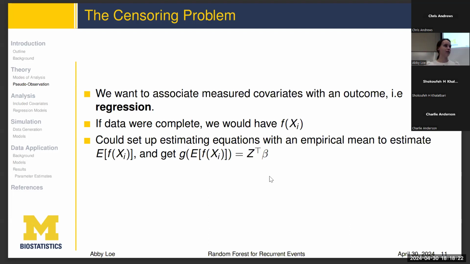So I think for things like random forest, the main goal is prediction of what's the probability they'll have an event in a window. And so lots of that over time might be done.